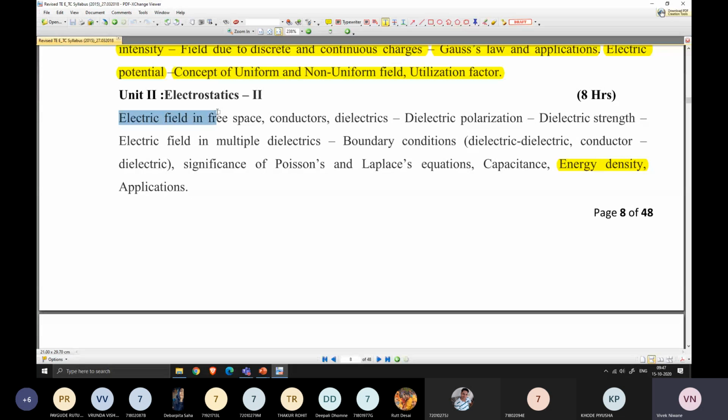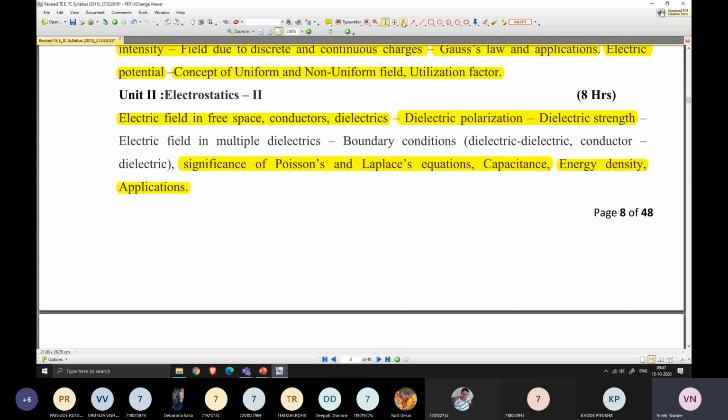So electric field in free space, conductor, and dielectrics we have observed. Dielectric polarization we have seen. Dielectric strength we have understood while solving the numerical. Then we have seen the significance of Poisson's and Laplace equation as well as capacitance. Energy density was covered as a part of unit number 1 and its applications, those are numerical.